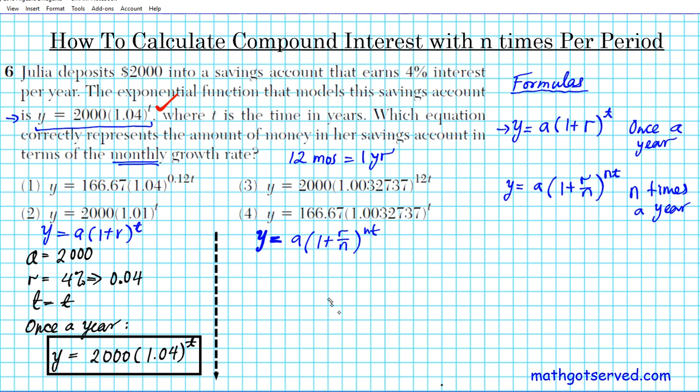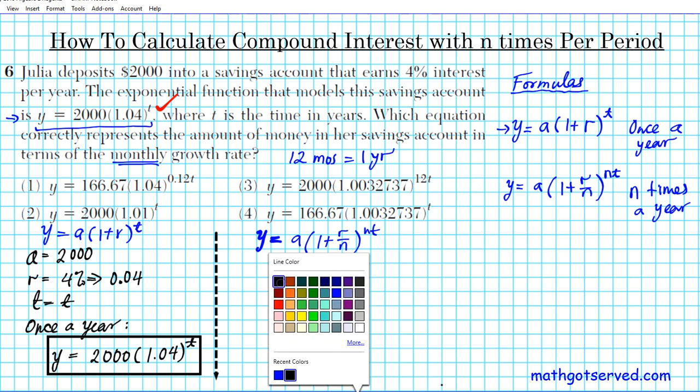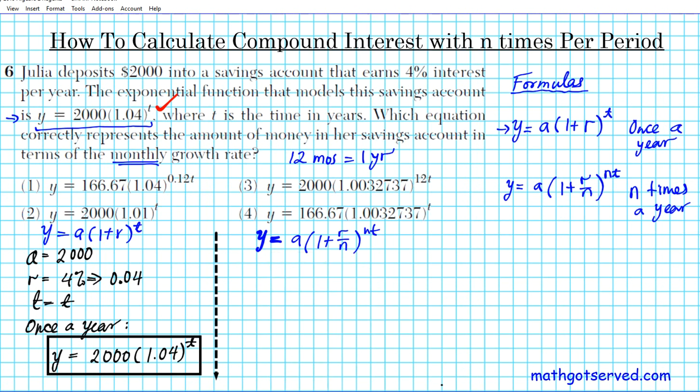In this setup, let's list the knowns and unknowns. The starting amount A is still 2,000. The rate is still the same, 4%. If you convert it to a decimal, it is 0.04. You move the decimal point 2 places to the left. Time is t. And then n in this case, which wasn't present before, is 12 because we have 12 times per period, 12 months in a year, which is a period.